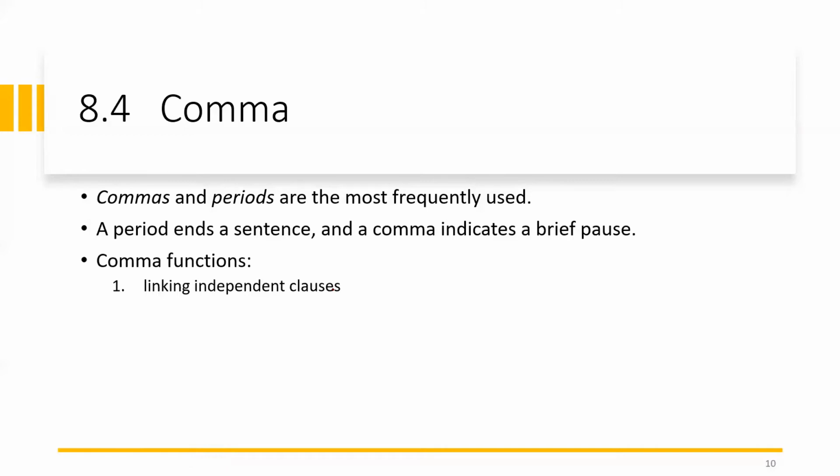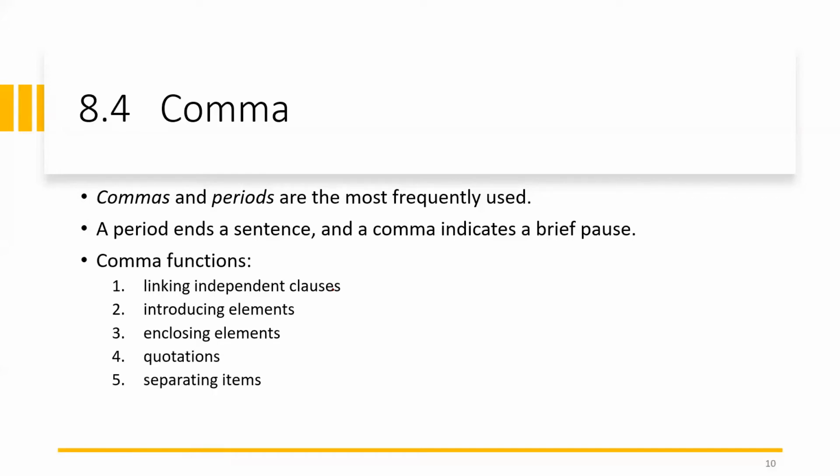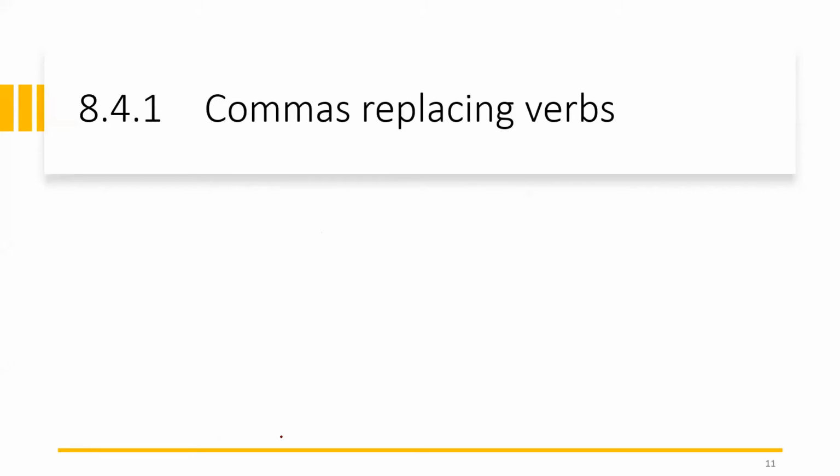It can link independent clauses, introduce elements, enclose elements, set off quotations, separate items, clarify and contrast meanings, and indicate omissions. See, a comma can also indicate omission. You can use a comma to replace a verb. That's basically what I mean by omission.